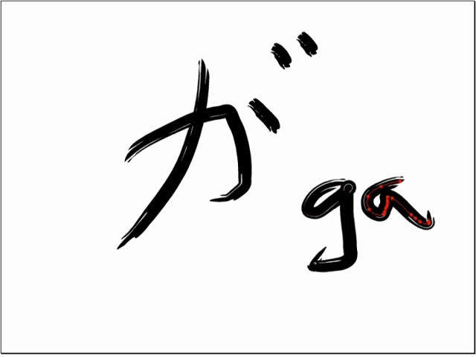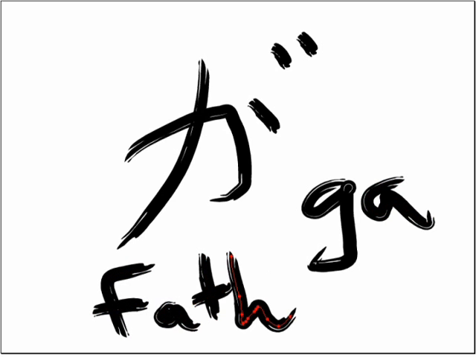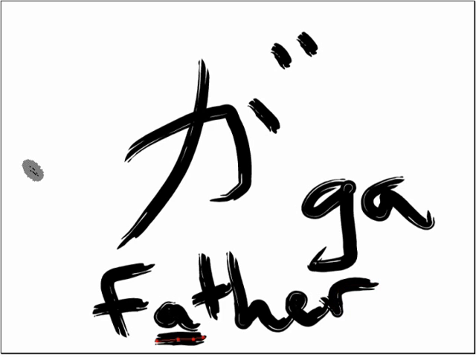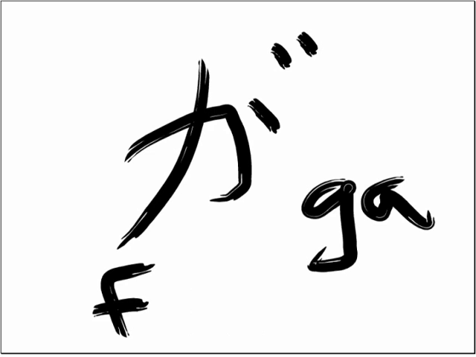You know what the sound is? It's ga. Remember the Dakuten there. Remember the A? It's pronounced as in father. It's not like the A in cat. And that's ga.